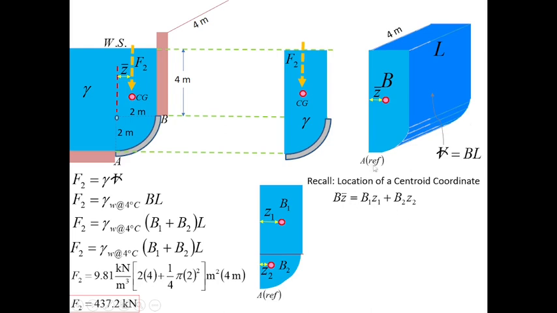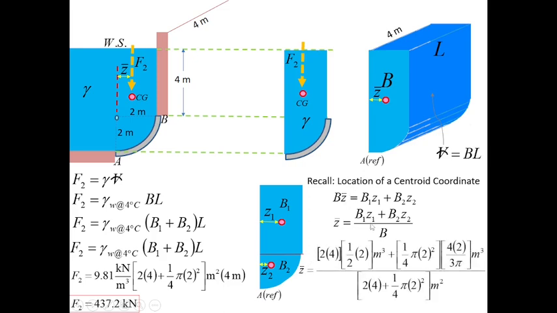So, we get the value equal to B multiplied by Z bar. In that case, our concern is Z bar, the coordinate of the centroid of this area.